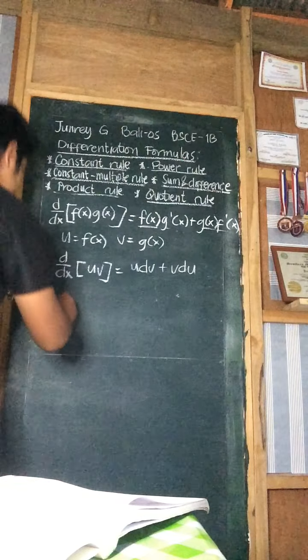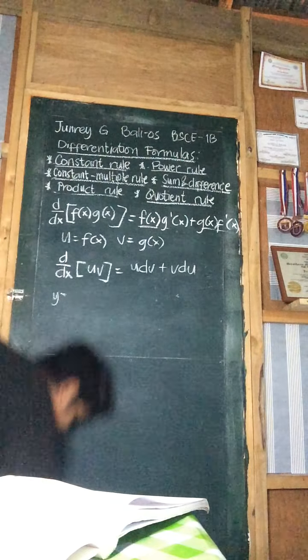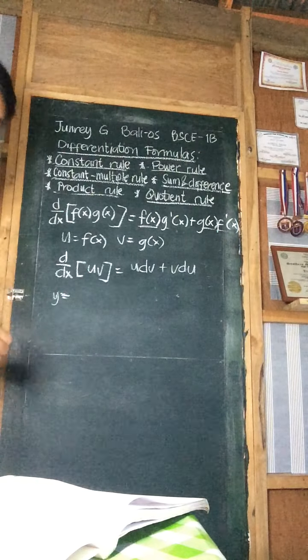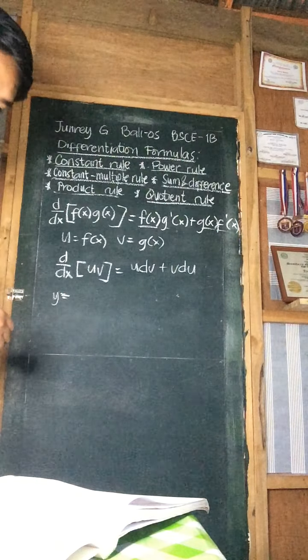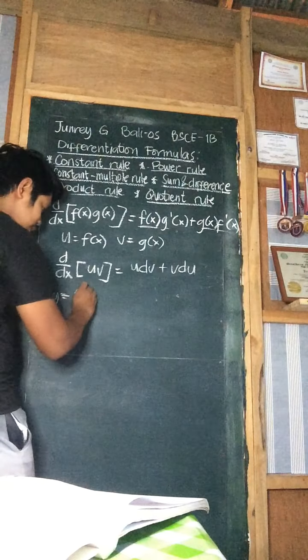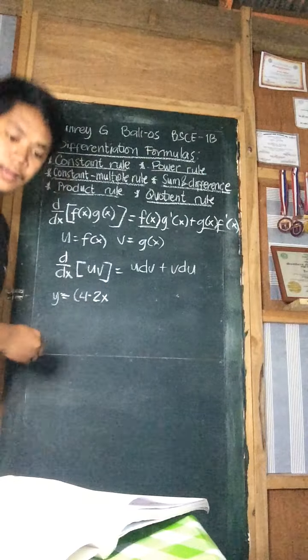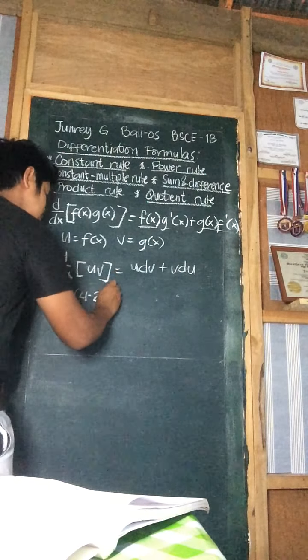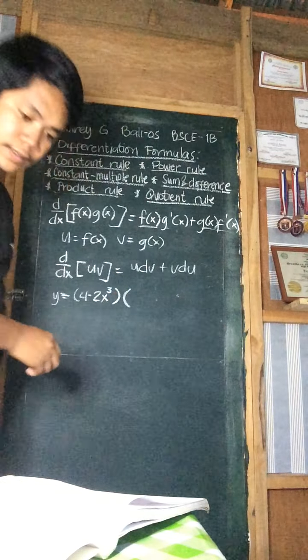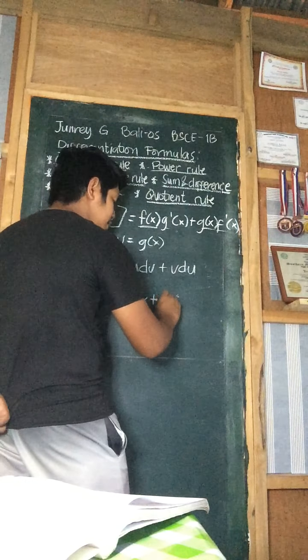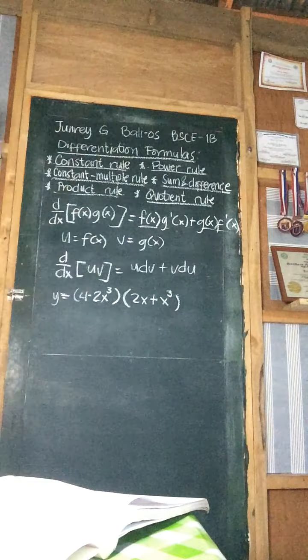So let me give us an example again to further understand the product rule. So we have this function y, this polynomial equation. y is equal to 4 minus 2x cubed times 2x plus x cubed.